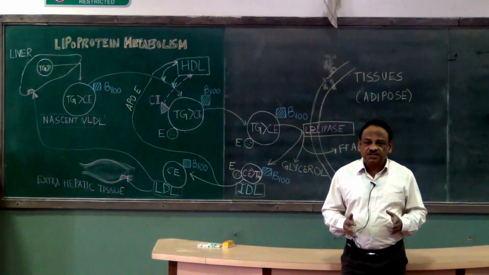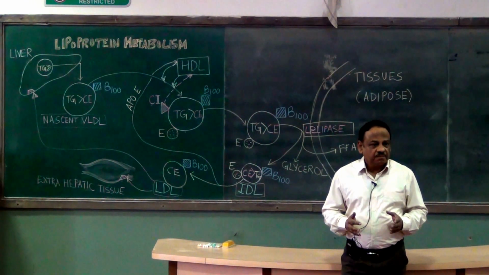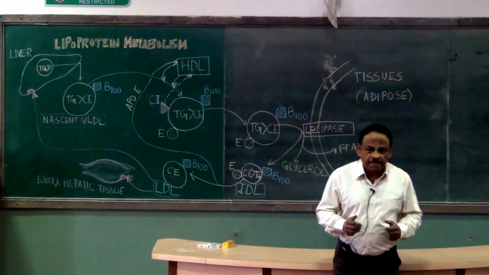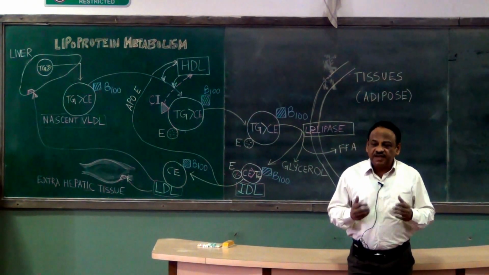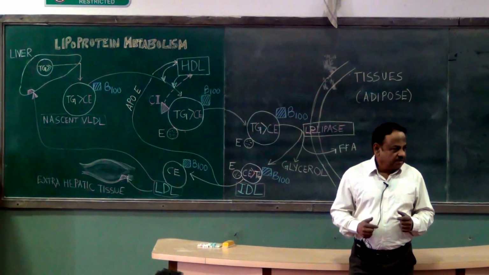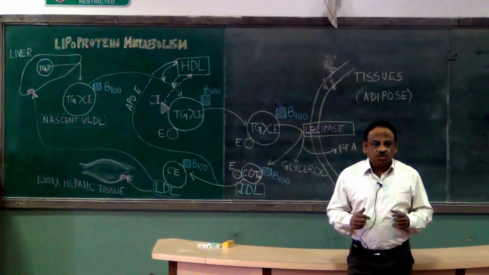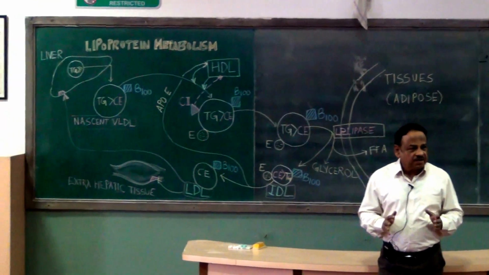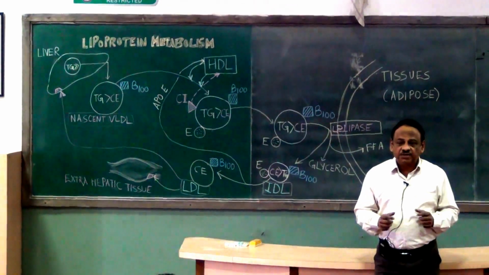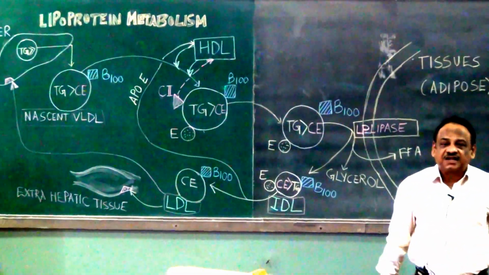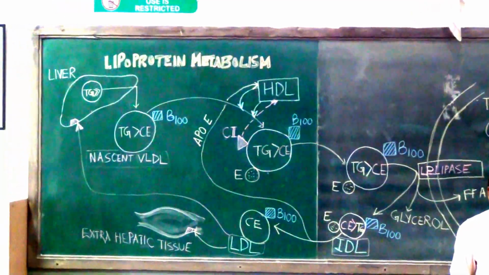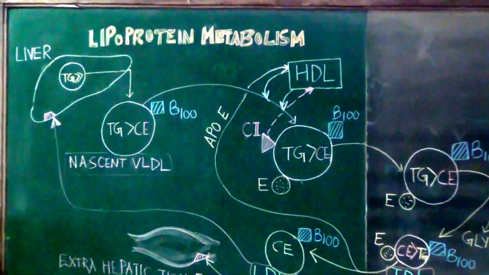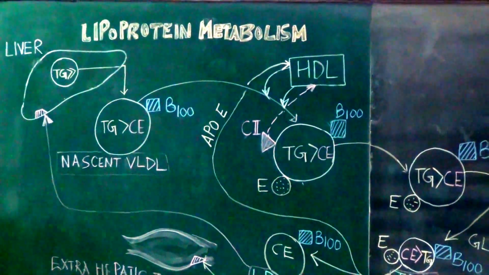And these chylomicrons, as you know, will give a turbid nature to the plasma after about 2 to 3 hours of your food intake. So if you collect the blood after about 2 to 3 hours after your food intake, you can see that the plasma is not clear, rather it is milky or turbid due to the presence of chylomicrons.